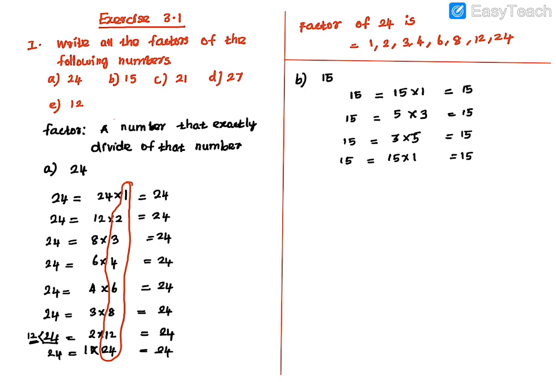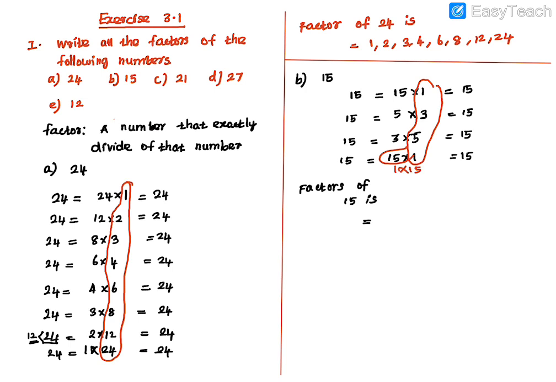So just write the factors of 15. Which are the numbers that will come? These are the numbers: 1, 3, 5 into 15. Okay, so 15 1s are... we have to write 1 into 15. Okay, 1 into 15.